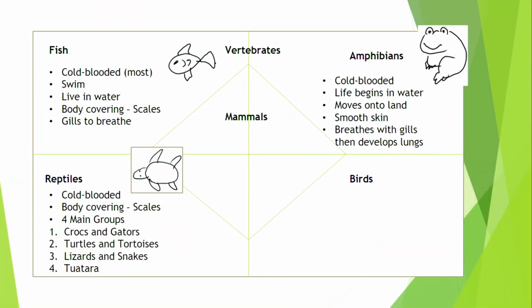All right, so let's look at our notes. Cold-blooded. They have scales. 4 main types. And we have, I'm going to abbreviate, crocs and gators. Turtles and tortoises.